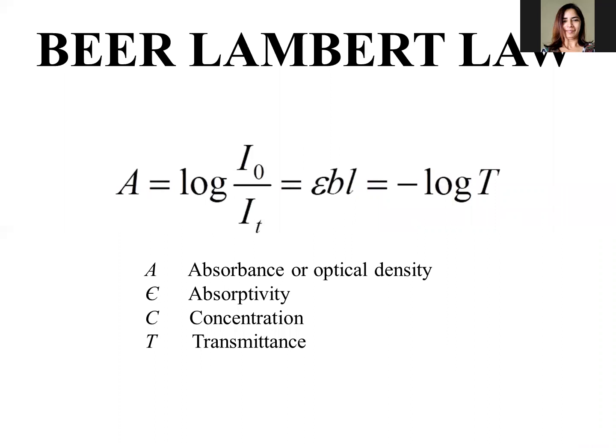A is equal to minus log T, where T is the transmittance, whereas A is the absorbance.